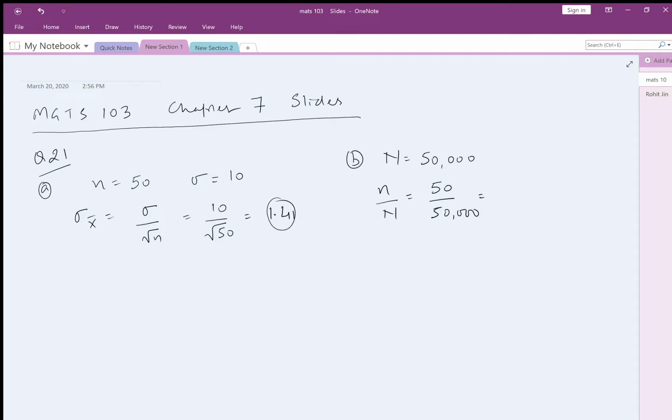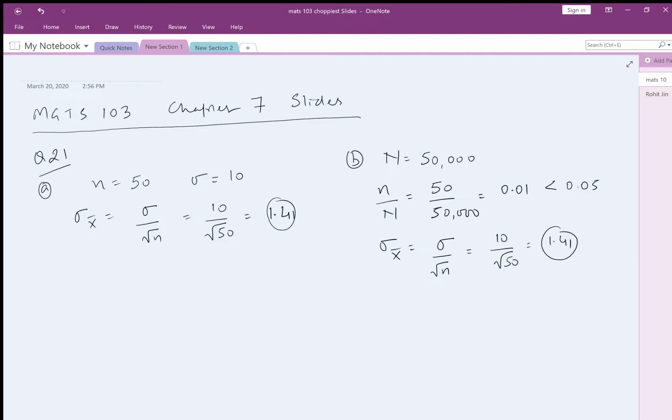So this is equal to 0.01, and since this is less than 0.05, we can still use the same formula. Sigma x bar is equal to sigma divided by square root of n. So this is 10 divided by square root of 50. So the answer is 1.41.